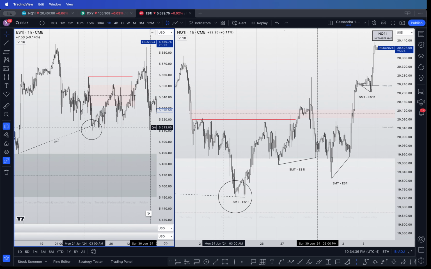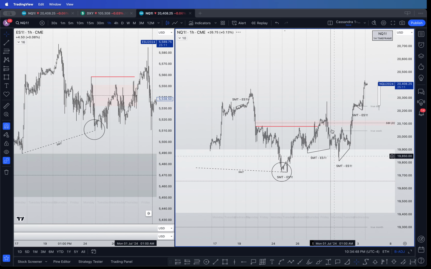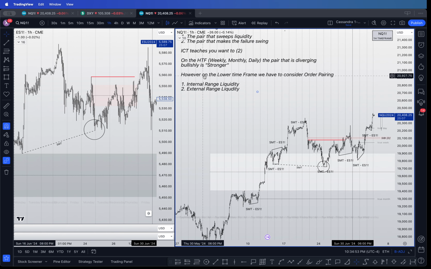Because despite it diverging and order pairing these lows, in doing so, in the formation of that SMT, what it does is it creates a higher resistance liquidity run, which is why we want to always be considering the lower time frame order pairing dynamics, external and internal range liquidity targets.